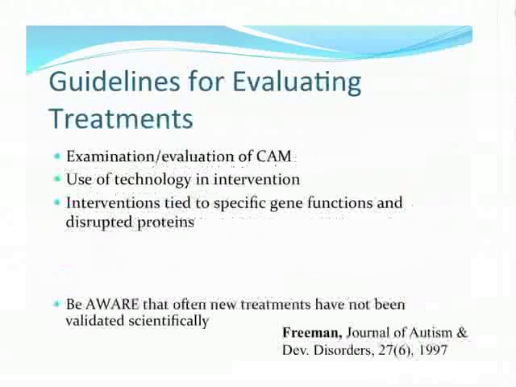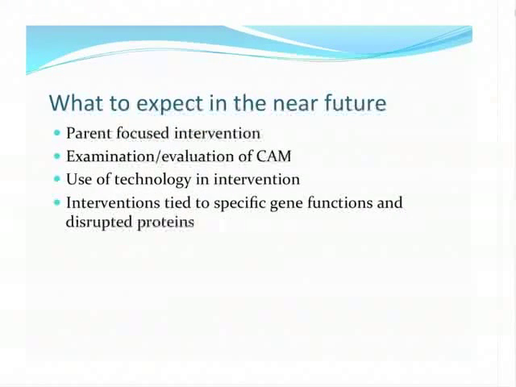So in the last 20 seconds, I just want to say briefly what I think we can look forward to in the future when thinking about intervention in autism. And by future, I mean 6 to 18 months' time. I think there's going to be a much stronger focus on understanding how parents are the most effective interventionists, so we need to think about evaluating that and providing good guidelines and structure for how that can be most helpful.